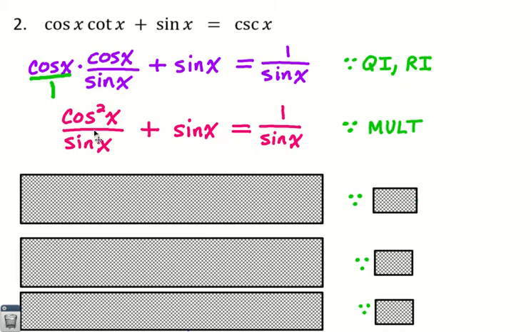How are we going to make this left side match the right side? How about we actually try to do this addition? How are we going to add this and this together? Wouldn't it be like adding fractions?